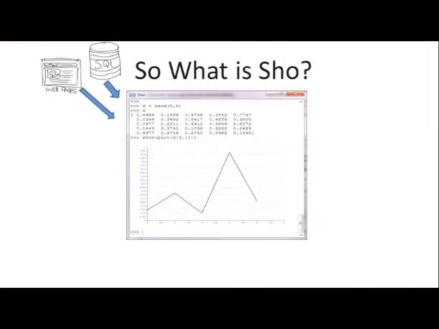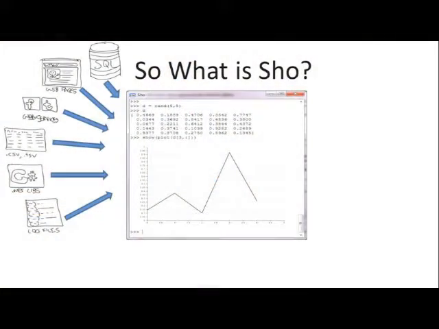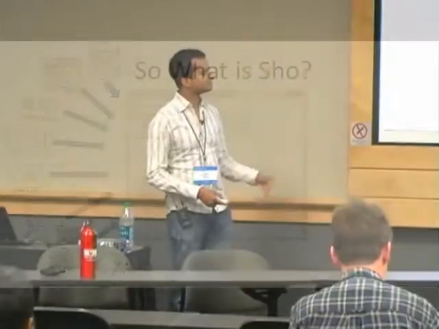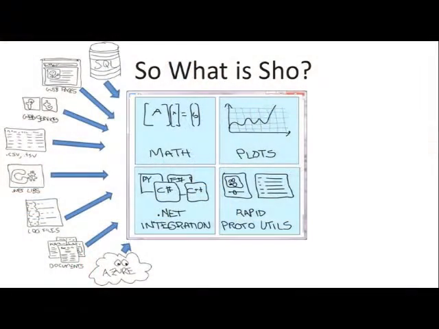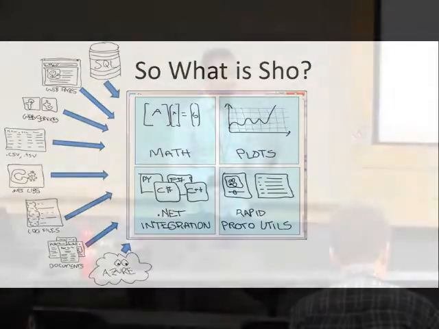Especially with the kind of people who've been able to leverage Show the most, they have data coming from SQL or maybe from web pages, from web services, maybe from files, some log files, documents, or from the cloud. All kinds of different places that they're getting data. And then they want to do all these things with it. They want to be able to do the kind of math and linear algebra and the plotting and visualization that they're used to, but also do things like interact with code, which lets them do some of this stuff.